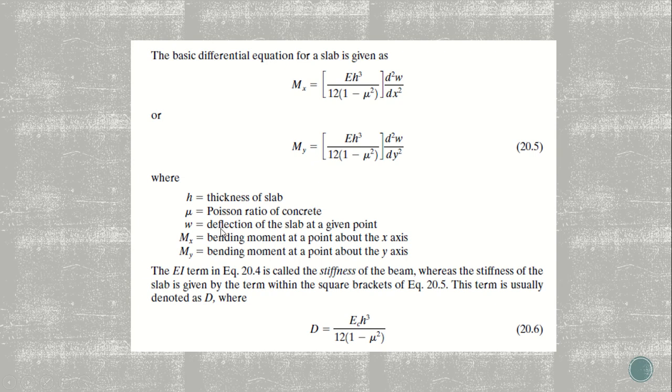The term in the previous equation is called the stiffness of the beam, whereas the stiffness of the slab is given by the term within the brackets of this equation. So this is the stiffness of the slab. This term is usually denoted as D, where D is this equation.